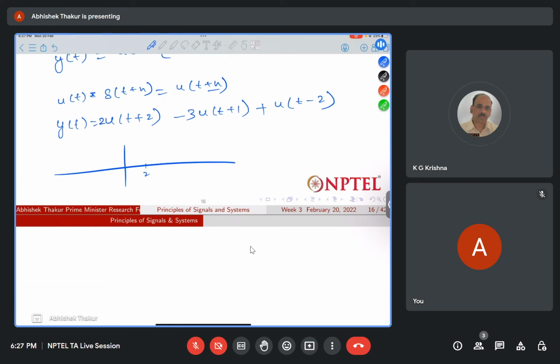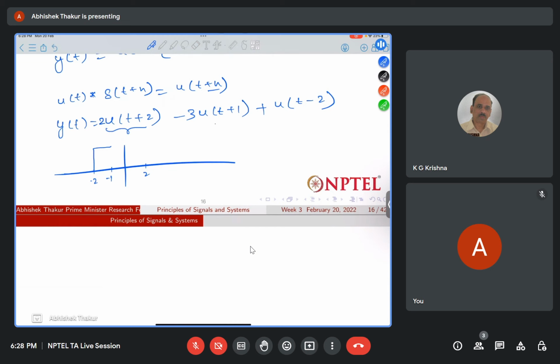So we can directly sum, like from t equal to, suppose this is minus 2. Beyond minus 2, there is no signal, so it will be 0. From t equal to minus 2 to t equal to minus 1, there is only this signal, so the amplitude is 2.